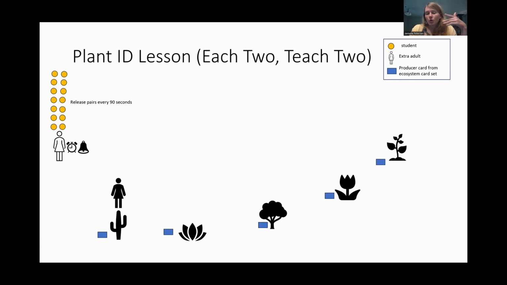Before you teach this lesson, go to that reference ecosystem and scope out the native plants that are there. Try to see if you can create a kind of trail through it. If it's a really small clump, maybe the trail goes around the perimeter.